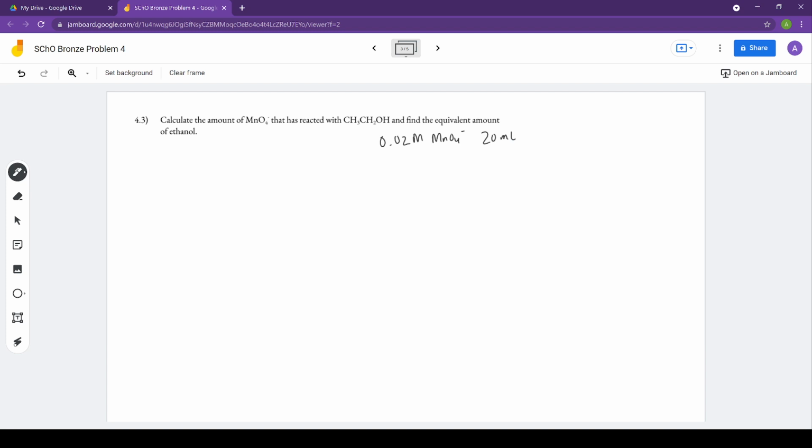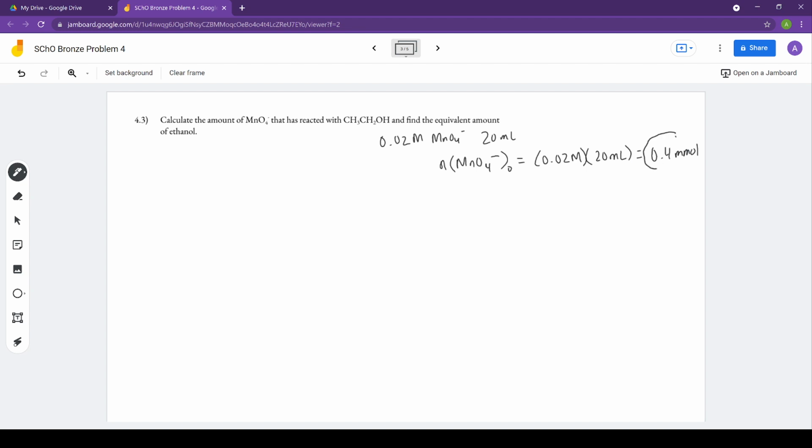So what does this tell us? Our initial amount of permanganate is equal to 0.02 molar times 20 milliliters, which gives us 0.4 millimoles, where millimoles is 0.4 times 10 to the negative 3 moles.